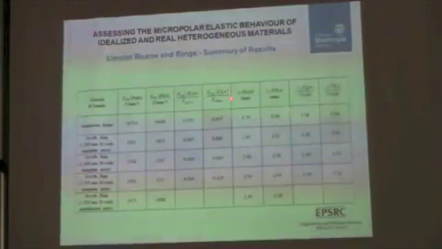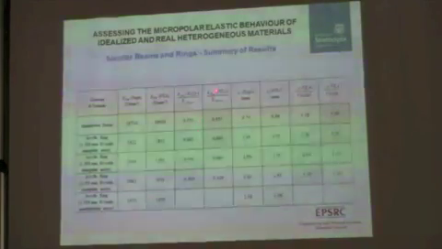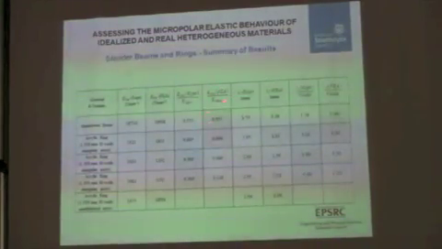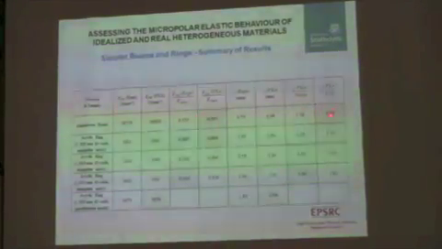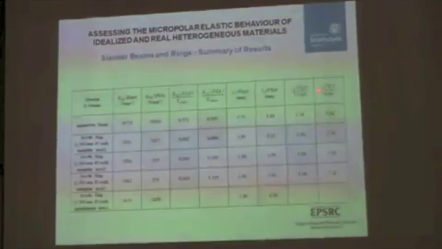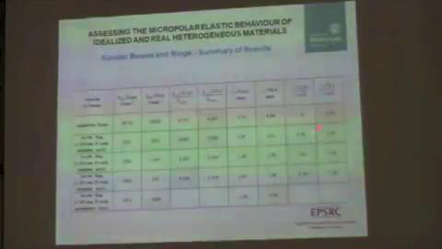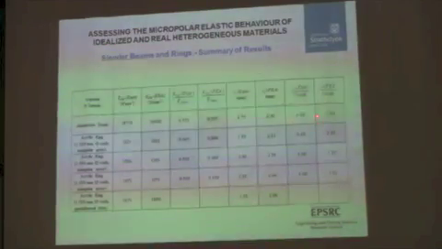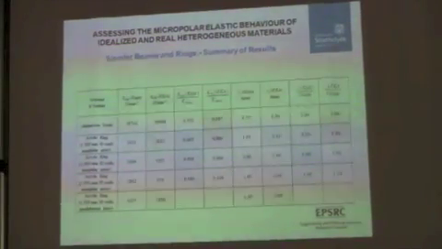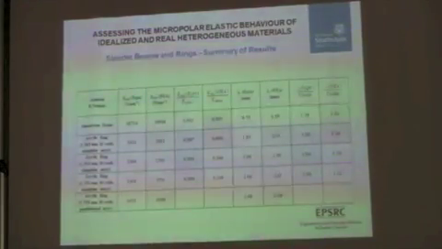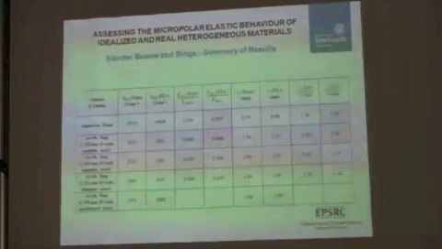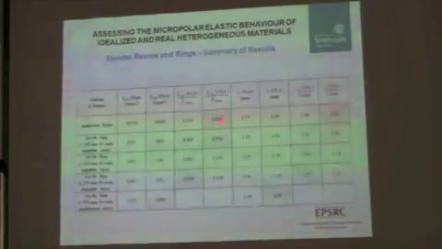And if you look at the numbers, when I normalise the modulus with respect to the matrix modulus, these numbers are quite consistent. And also the length scale, when I normalise it with respect to the void size, you can see that the number that comes out is pretty consistent. So this gives us some faith that the numbers we are measuring have some physical meaning.